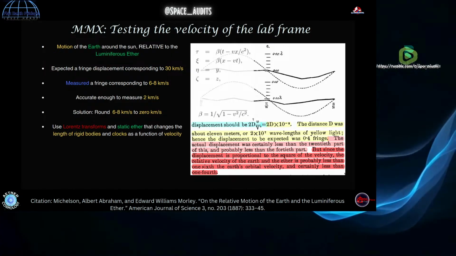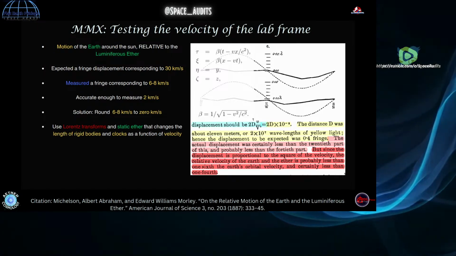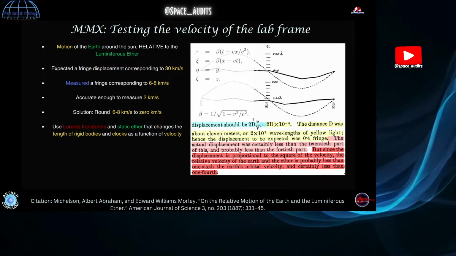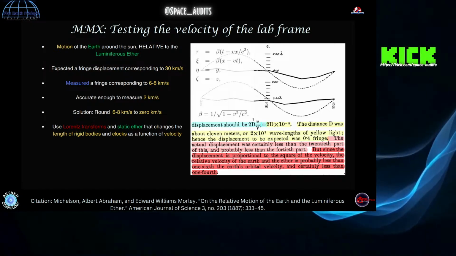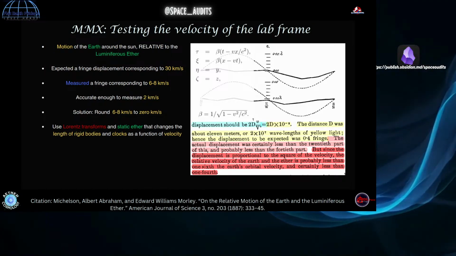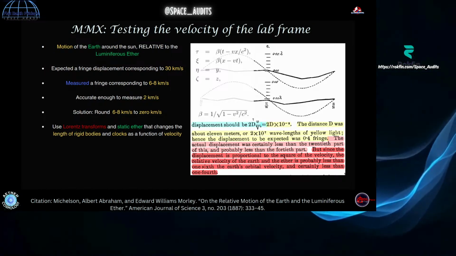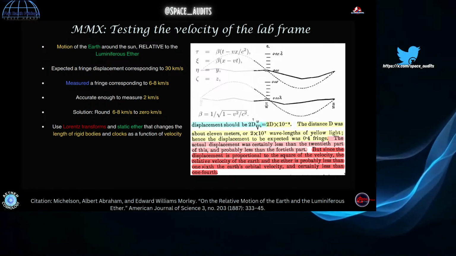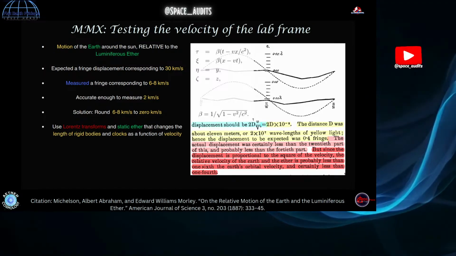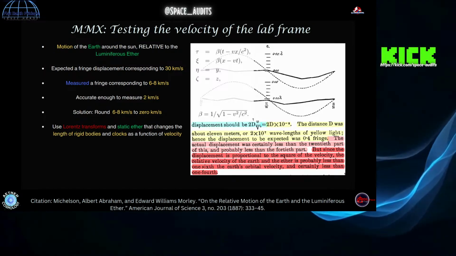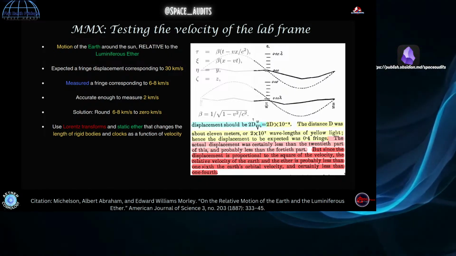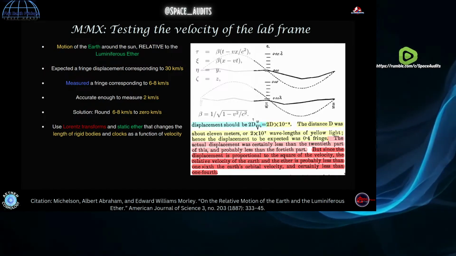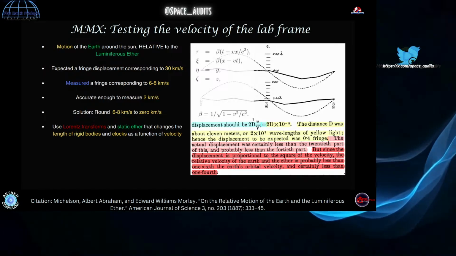So to talk about what the fringe is really quickly, the fringe, right? If you take a light beam and split it orthogonal to itself, meaning at a right angle to itself, in such a way that it either bounces back and recombines or it completes a circuit and then recombines, it should theoretically, if the speed of light is isotropic, meaning there's no change depending on which direction you're facing, then the split beam should go back and recombine and there should be no fringe displacement pattern.